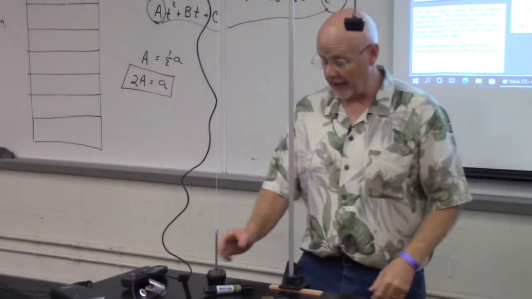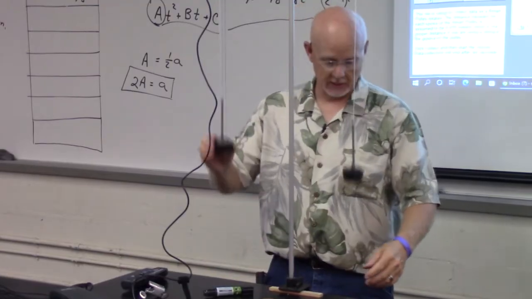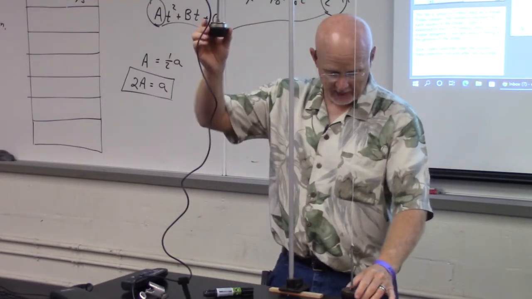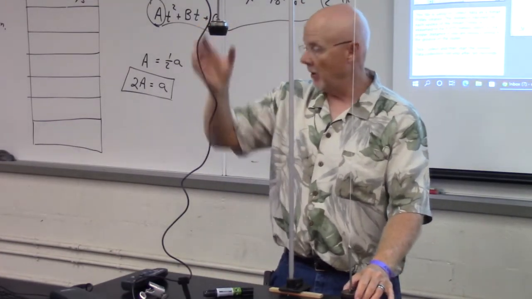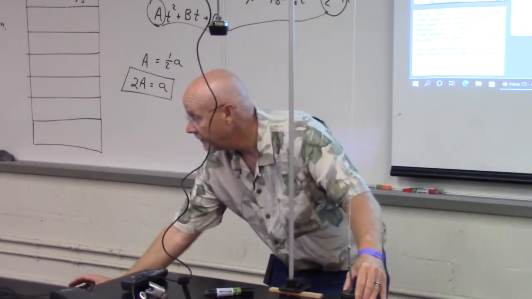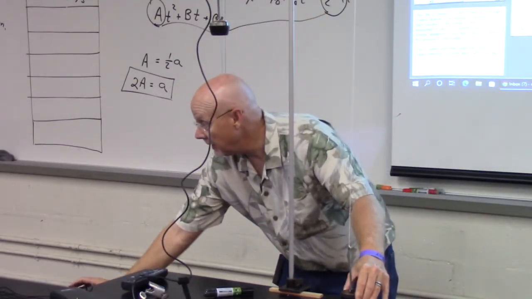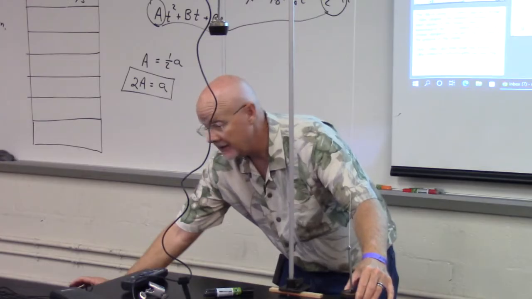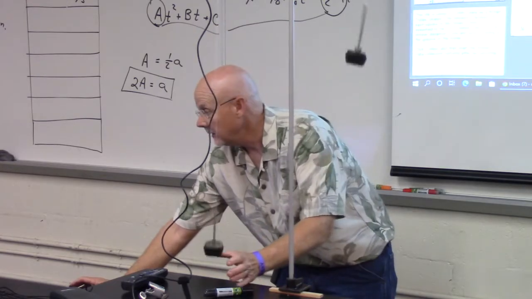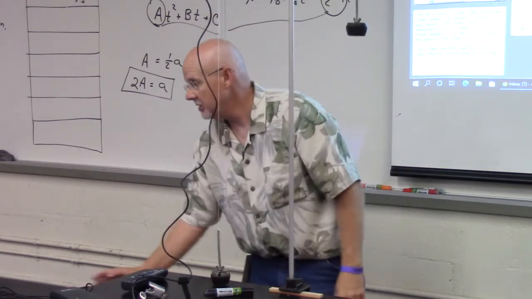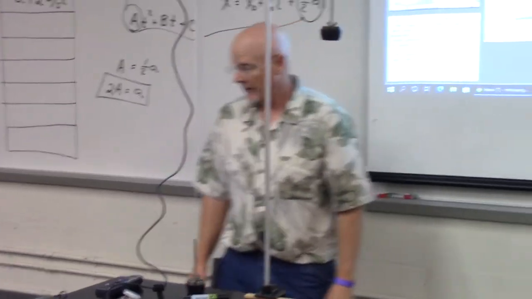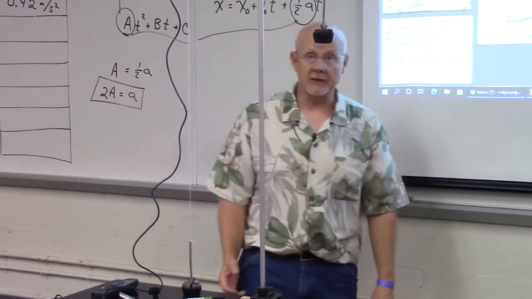And let's run it again. I'm going to put the lighter one down on the ground, heavy one in the air, hit collect data, wait and let it go, let it crash. Once it crashes, hit stop, and I'm going to do a new curve fit.